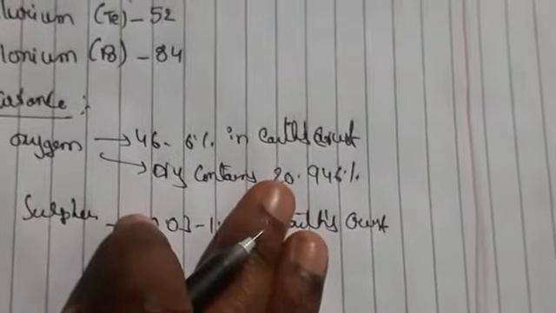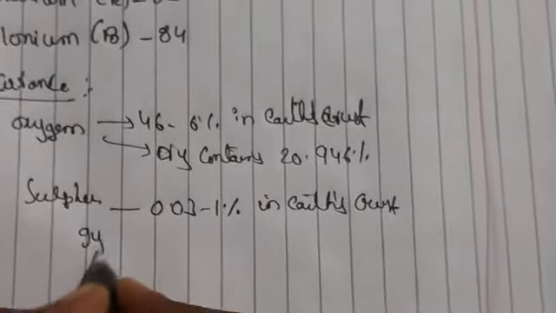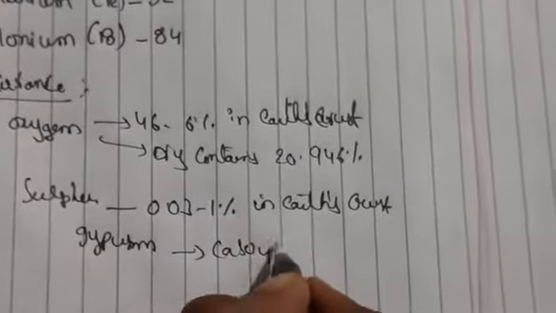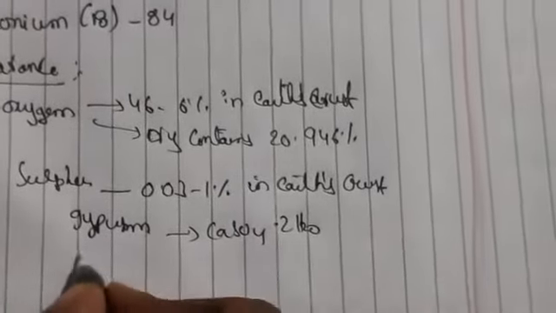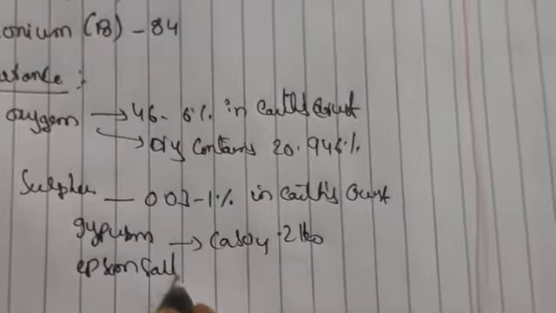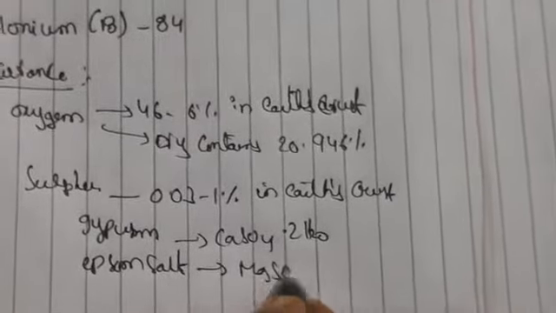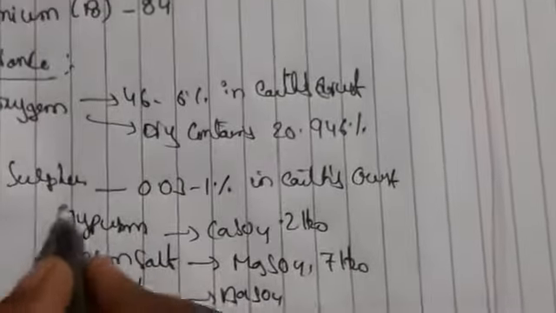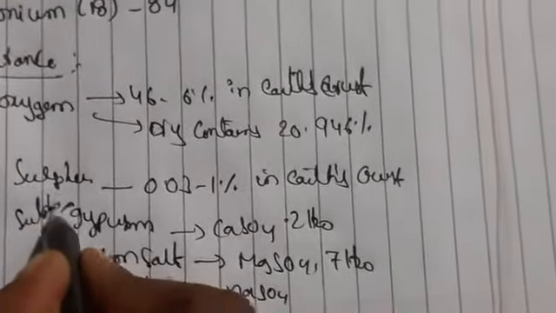For example, gypsum, which is a sulfate, CaSO4, calcium sulfate 2H2O, and Epsom salt, it contains MgSO4 7H2O, and coming to barytes, it consists of BaSO4. Okay, these are sulfates.